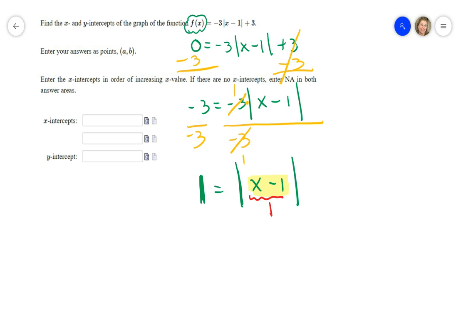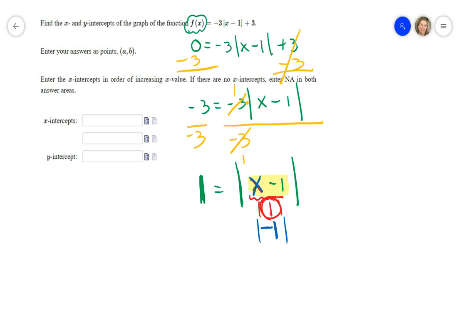The absolute value of 1 is 1. Or it could have been a -1, because the absolute value of a -1 is also 1. What we're trying to figure out is, what's x? What number for x right here is going to make this a 1, and what value of x is going to make it a -1?